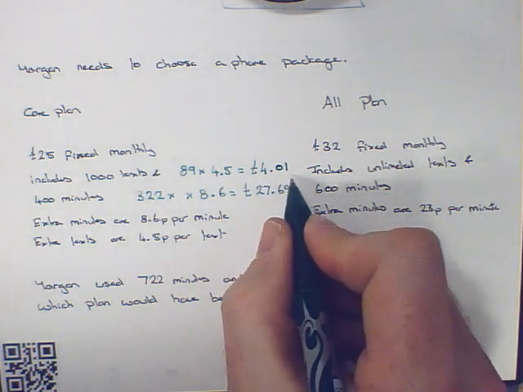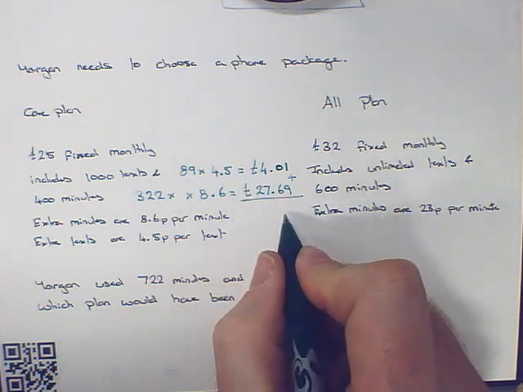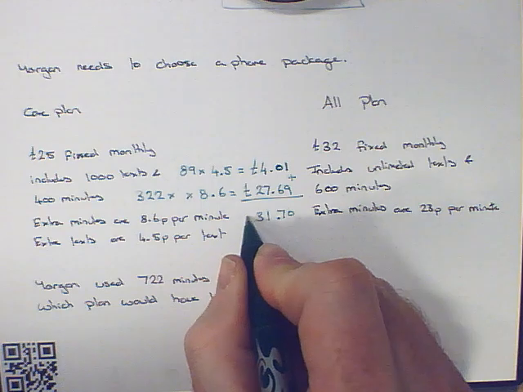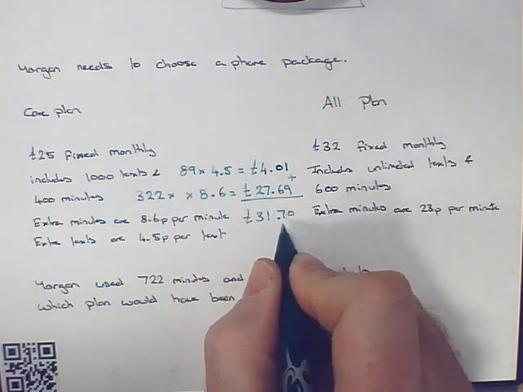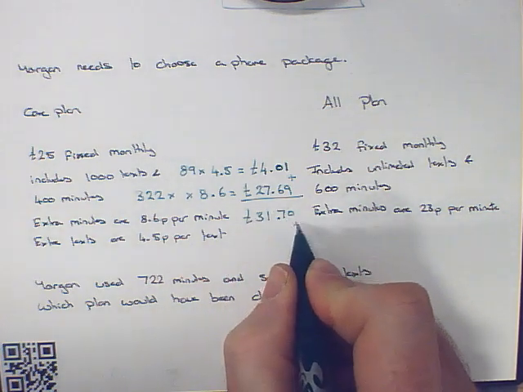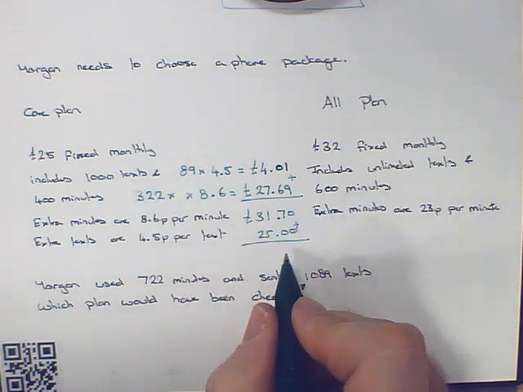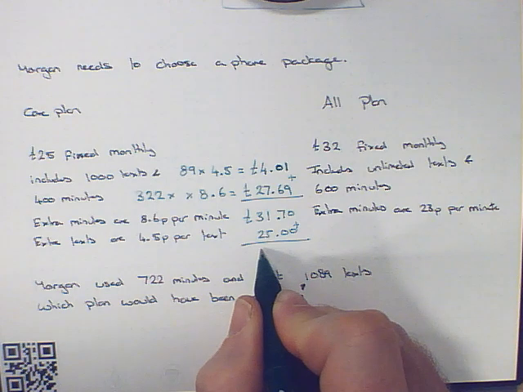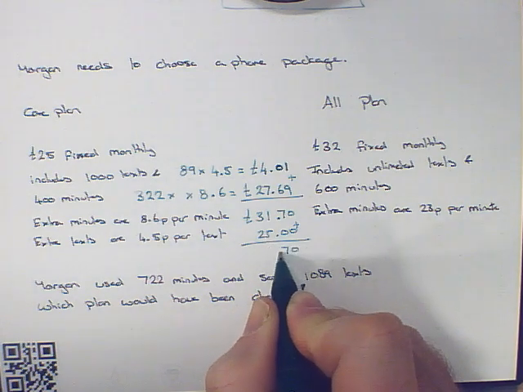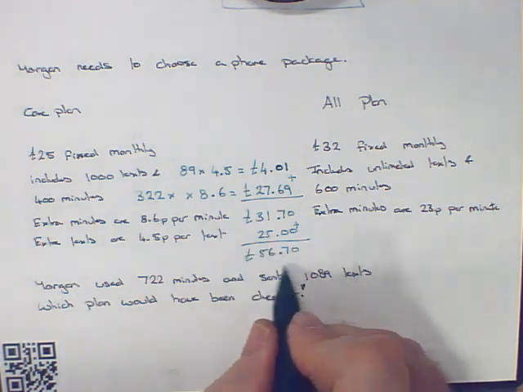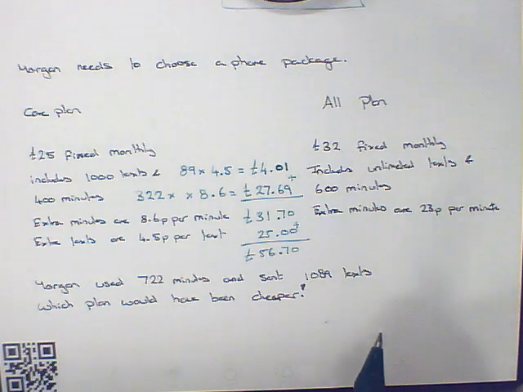So extra-wise, if we add that, he spent £31.70 on extras, plus the £25 of the fixed costs. So overall on the care plan, he spent £56.70 for that month.